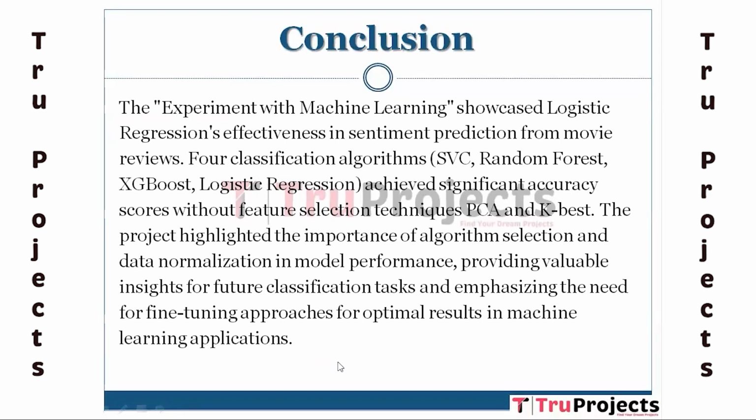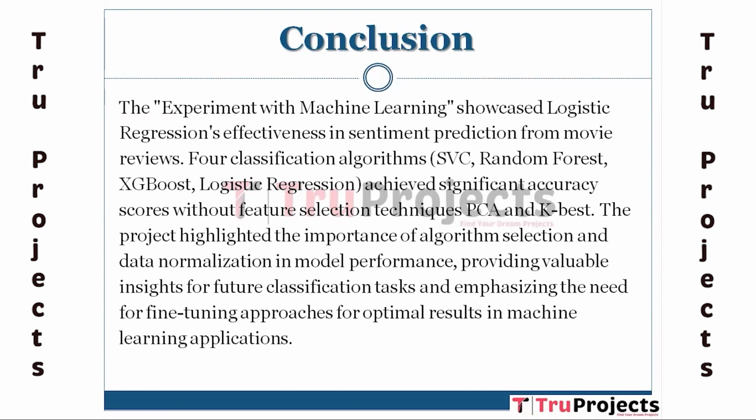Conclusion. Experiment with machine learning demonstrated the effectiveness of logistic regression in sentiment prediction from movie reviews. Additionally, the evaluation of XGBoost and random forest classification algorithms on churn prediction revealed that both achieved notable accuracy scores without feature selection techniques.